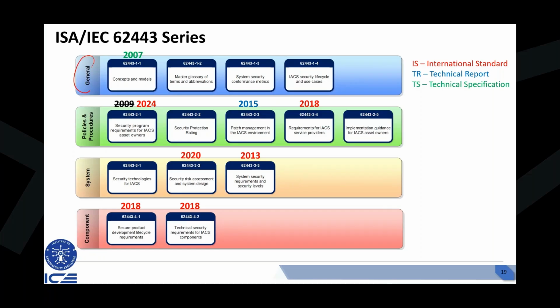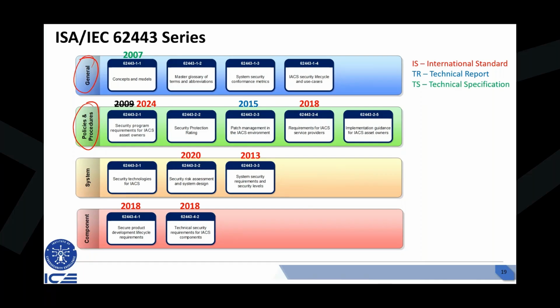One is general, or some people call it the baseline part. There is a section for what I would call governance, not necessarily policies and procedures. This is how it was labeled originally, but it has grown over the last few years, and now I would call it more of a governance part of 62443.